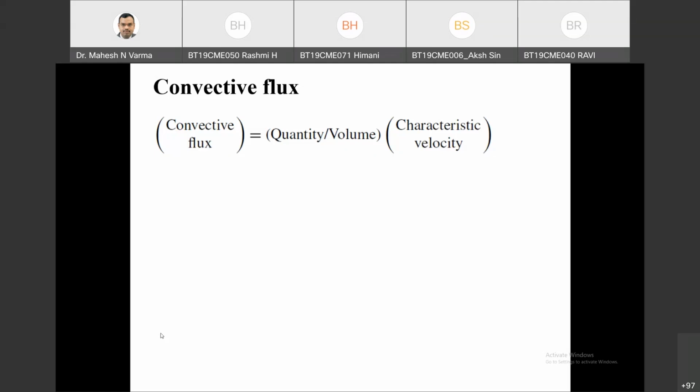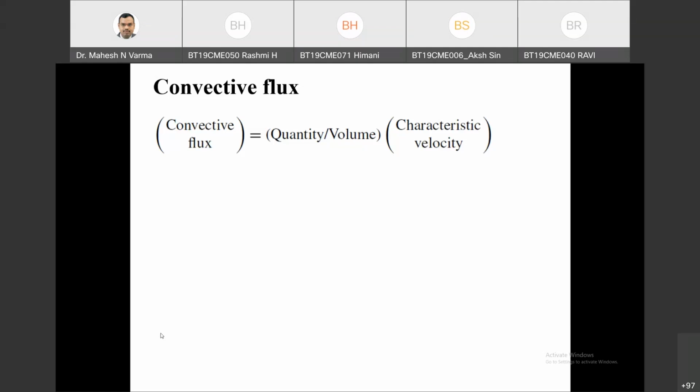Okay, it's fine. So density into velocity is momentum per unit volume into velocity. So density into velocity is a convective momentum flux. Similarly, density into specific heat into temperature into velocity is a convective heat flux in heat transfer.